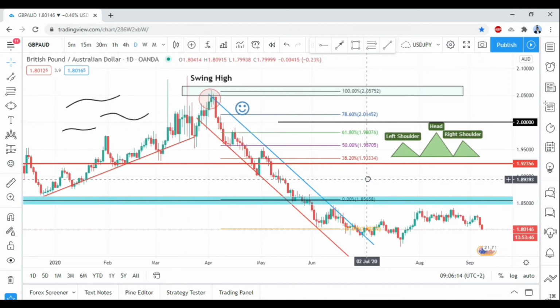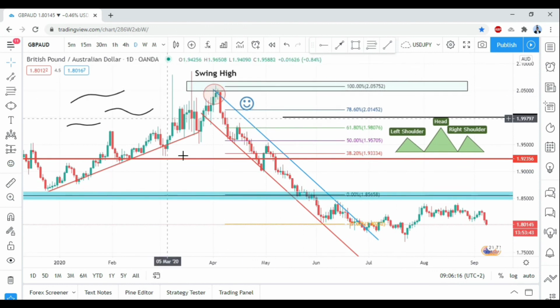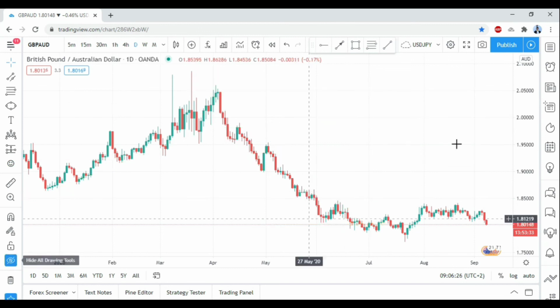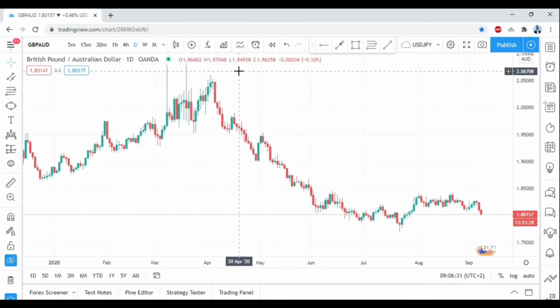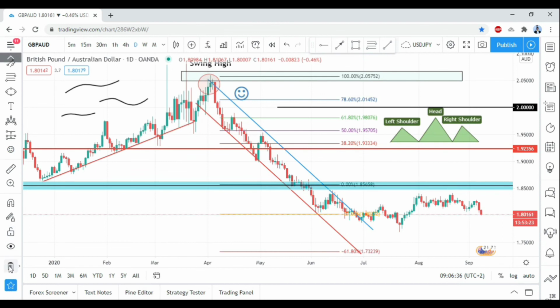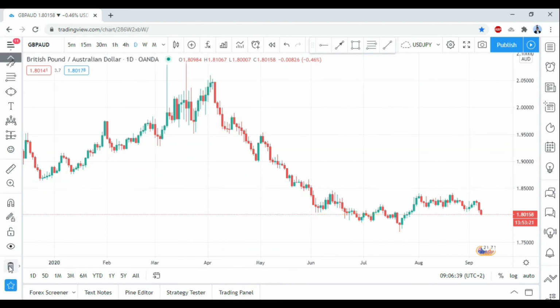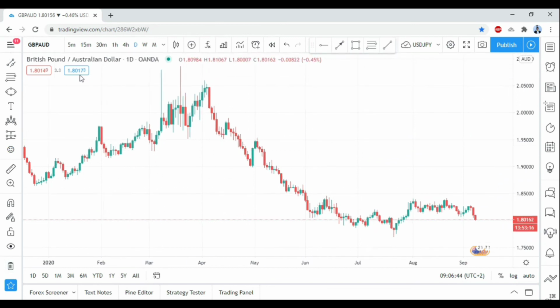So if you want to remove all of this analysis but you don't want to delete it, you can just simply click on this eyeball over here or this hide all drawing tools. Click on it and it removes all of the different technical analysis, so you can just visualize the price action a bit more clearer, and you can even delete your complete technical analysis as well by pressing on this trash bin as well.